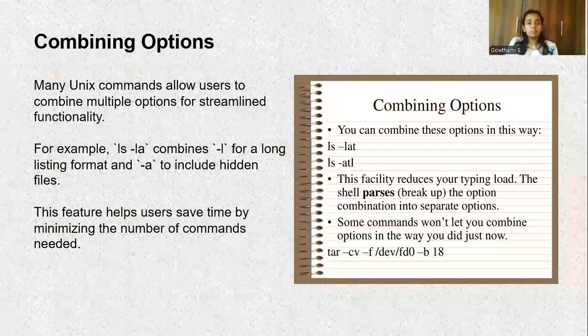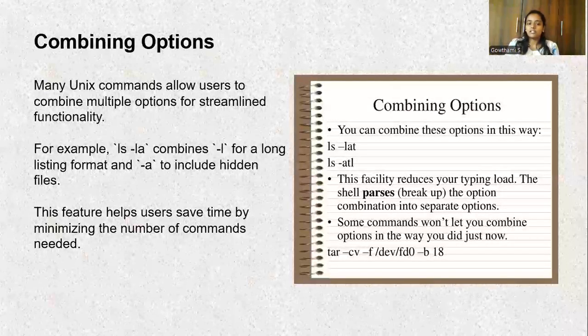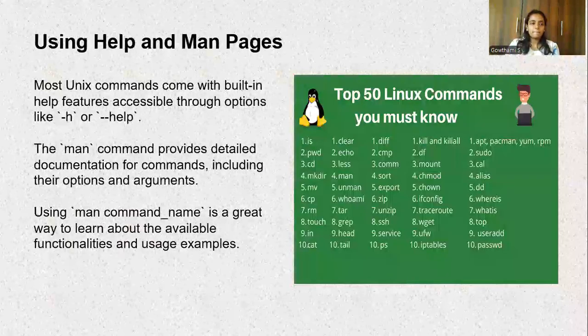It gives the same result though. So we can use LA, which includes the long list and also the hidden files. This shows a long list of hidden files in that directory or the file which is specified.